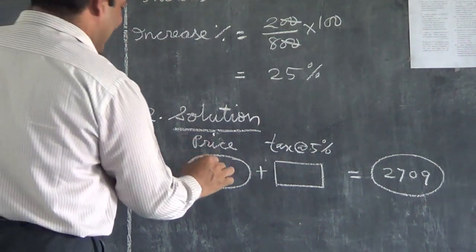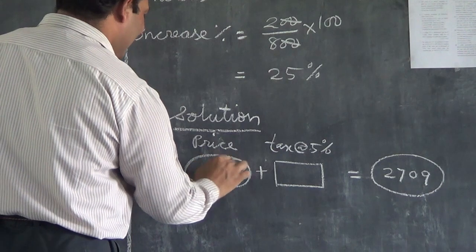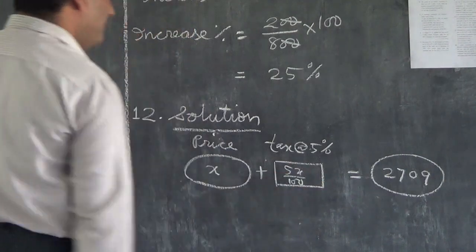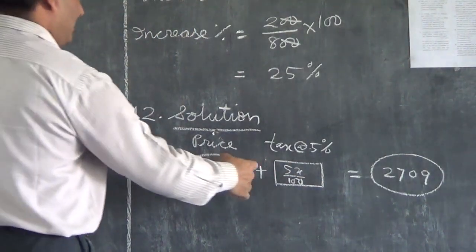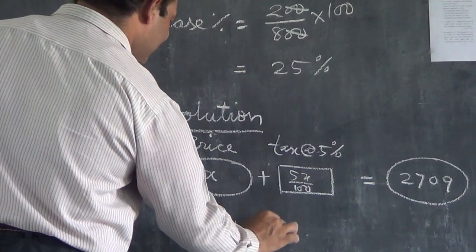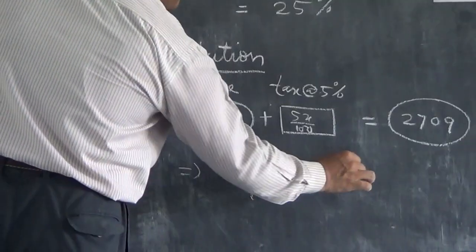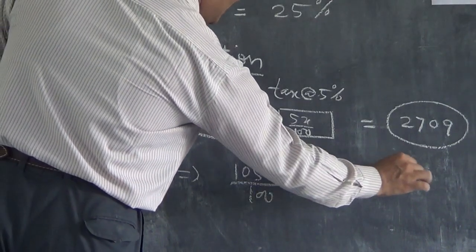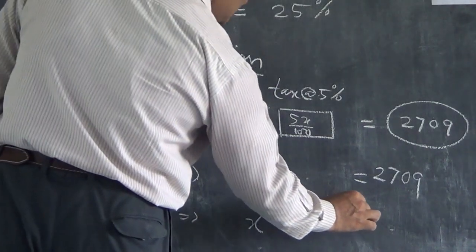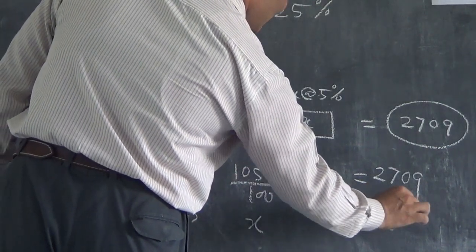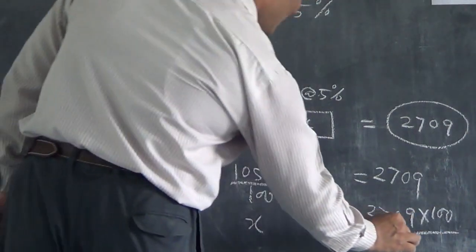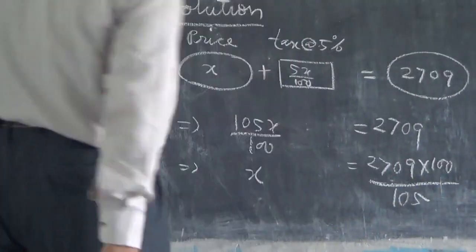If you take X method here X, and here 5x by 100. So x plus 5x by 100, that is 105x by 100 equals 2709. That implies x equal to 2709 into 100 divided by 105.